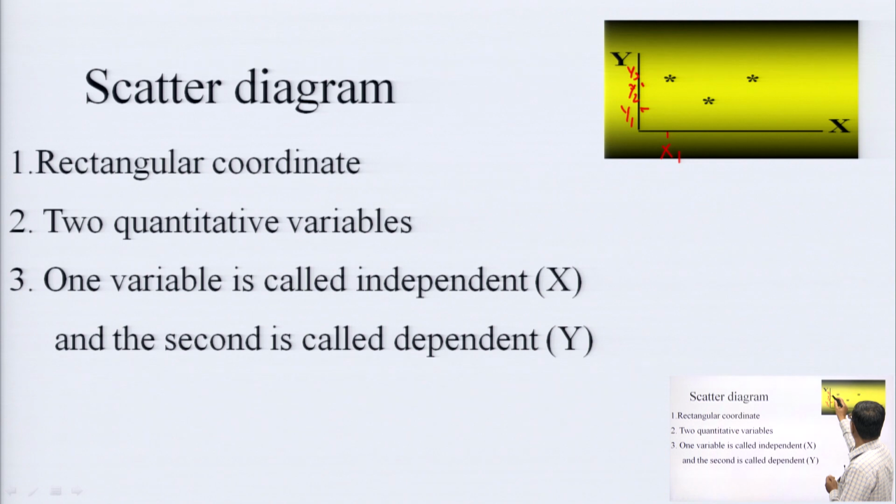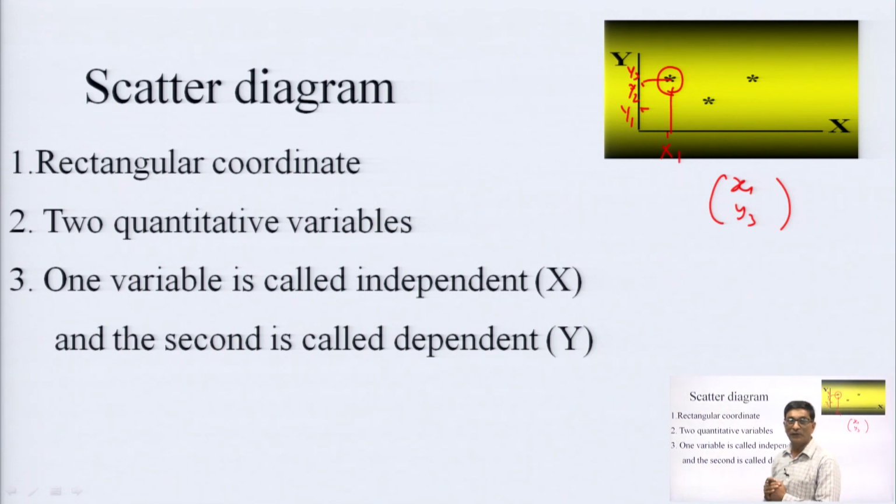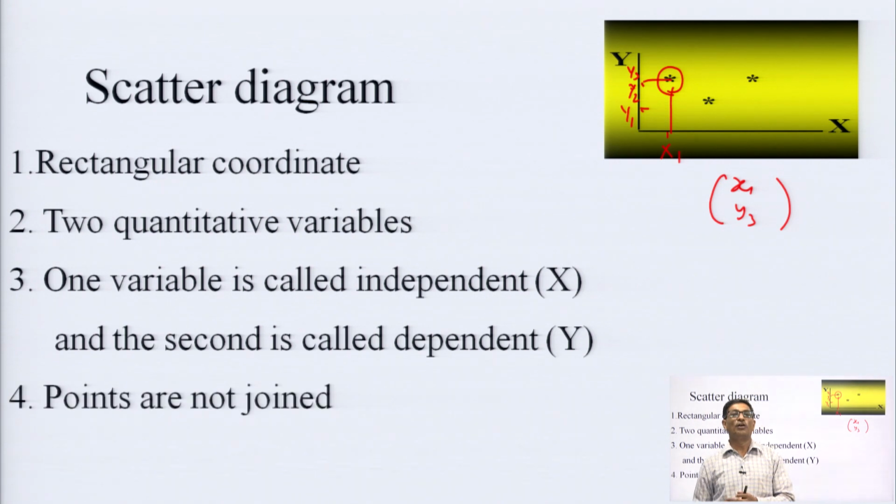So, if you see here y 3 and x 1, that means x 1 and y 3 are the coordinates of this point. So, we define the values of x and y with the help of coordinates, and remember we do not join these points to find a best fitted line. Points are never joined. Okay? So, this is the scatter diagram.